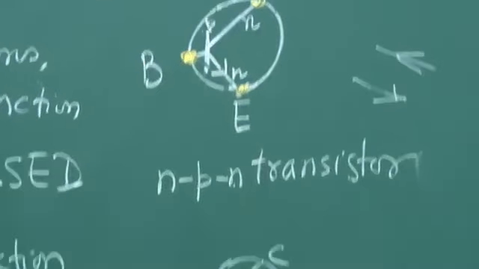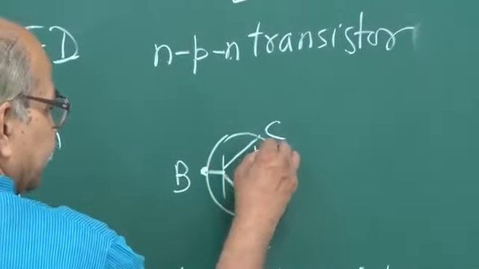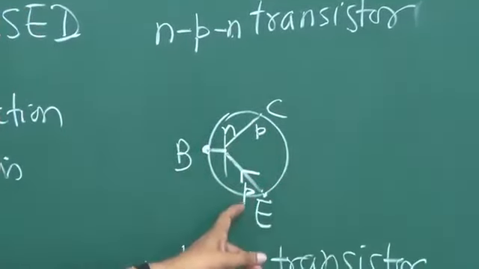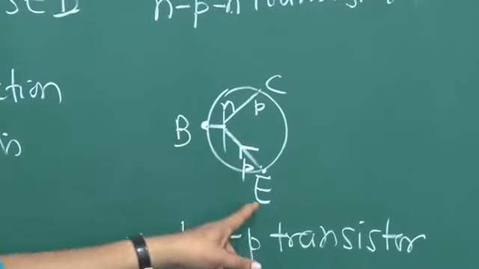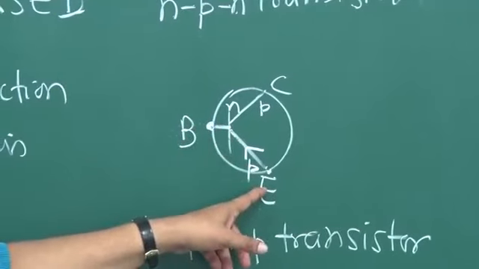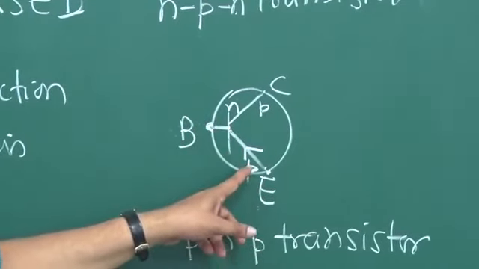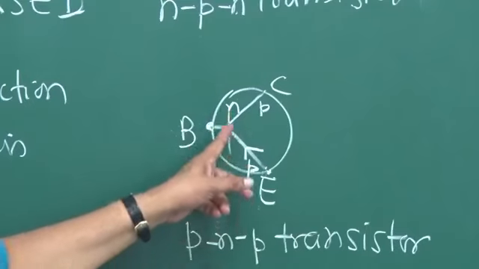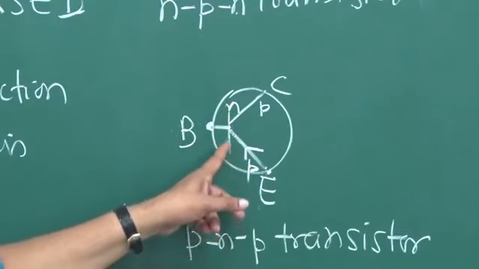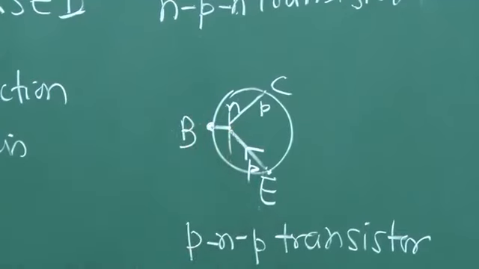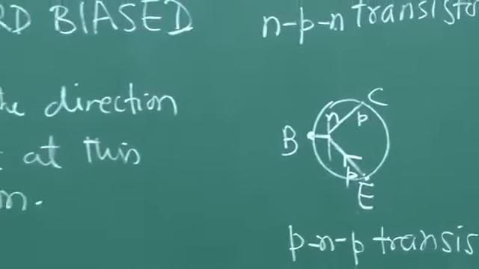And if it is a PNP transistor, if this is P, this is N, and this is P, then at the base emitter junction, if it is forward biased, what will be the direction of current? From P to N. The emitter is P type and the base is N type. So in forward bias, the current should be from P to N, and therefore the arrow is in this direction. So that is how the arrow is decided. So this is the symbol.